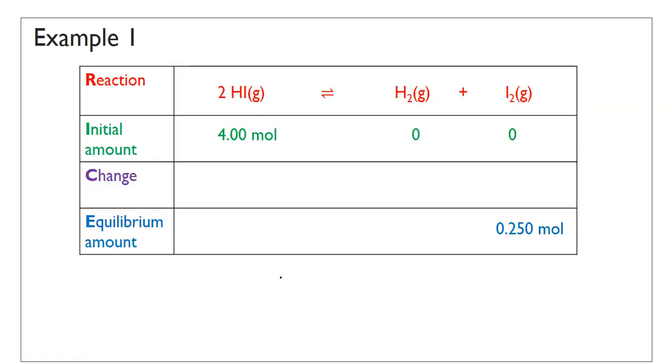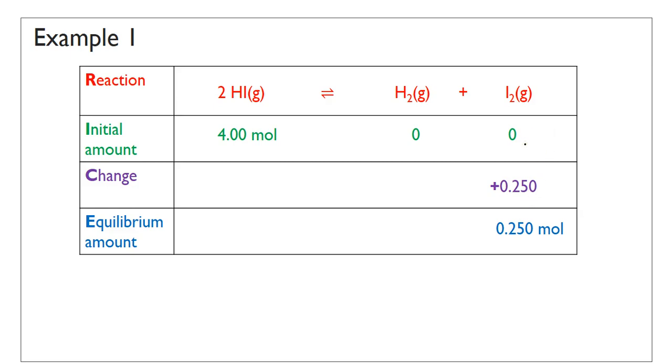The main thing that you can do once you have this is start filling in the rest of the table. This is the first one. If you start with 0 mole of iodine and you end with 0.25 mole of iodine, it means that you must have added, or plus 0.25, from the original amount.